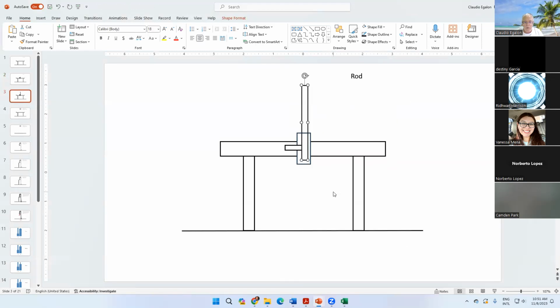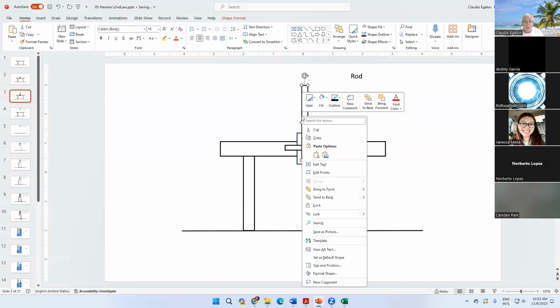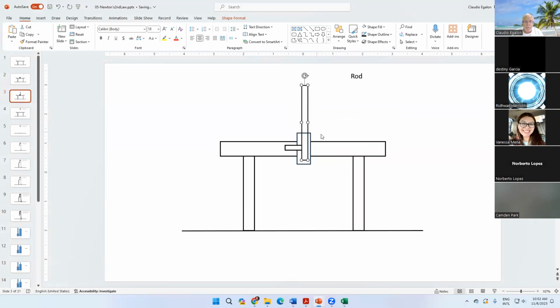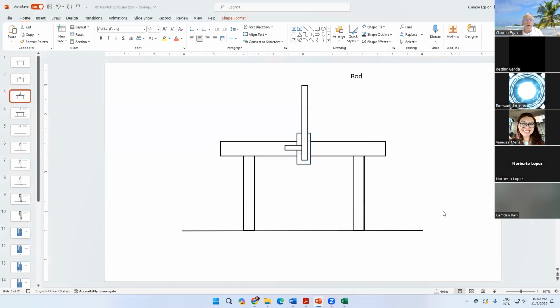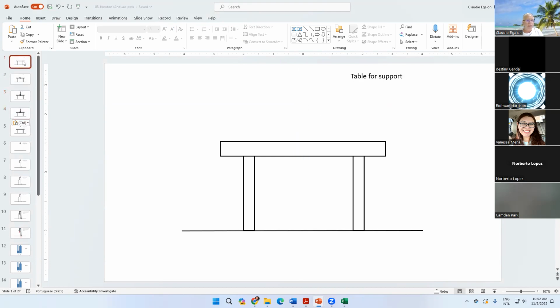Bring to front. Okay, here you go. And that's the rod. Next. So I start with the table, the table for supporting the experiment.